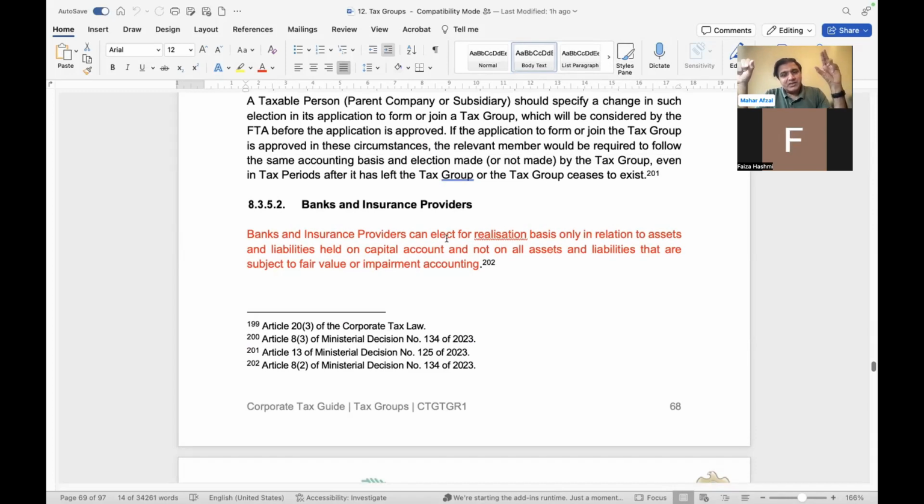The second class is assets that are subject to fair value or impairment testing. And the third category is assets which are of revenue nature. The law says that for revenue nature items, the business cannot opt to be taxed on realization basis. Revenue type items will be subject to tax on accrual basis. There is no other option.